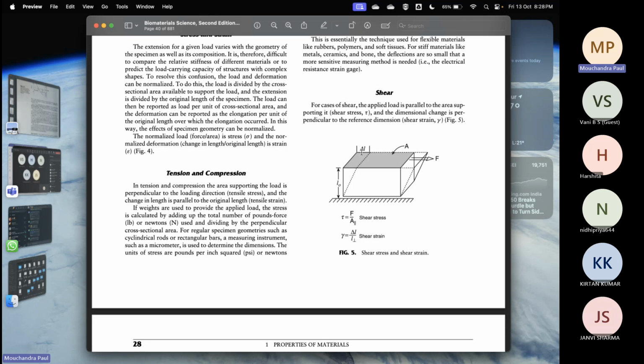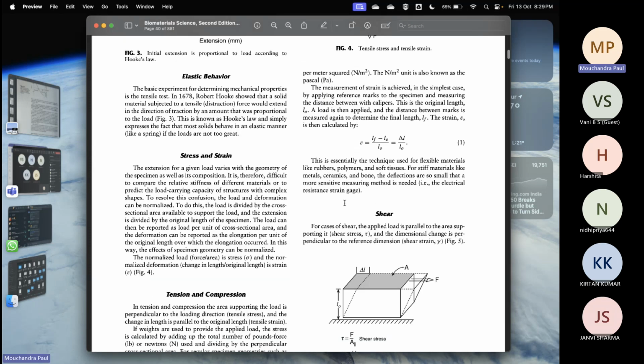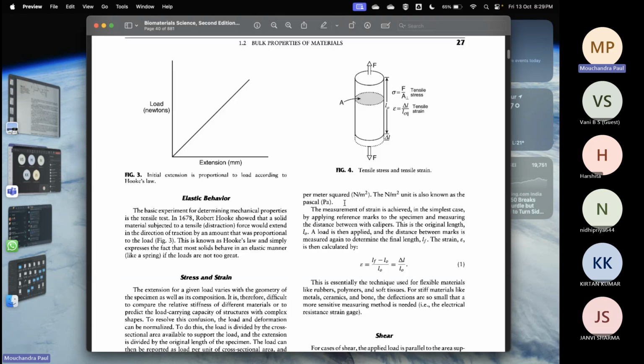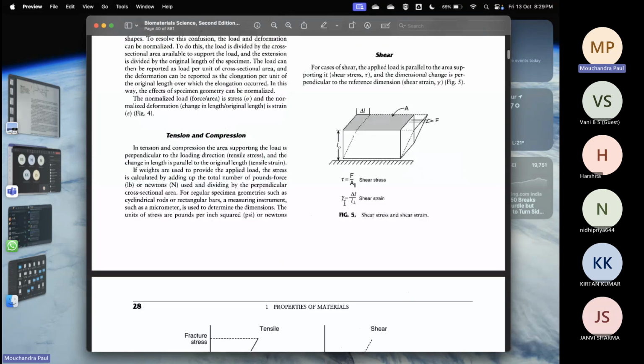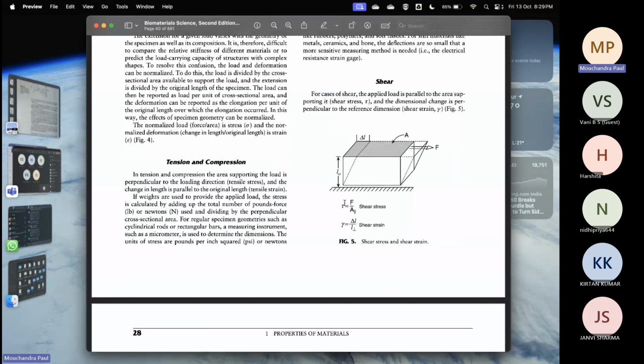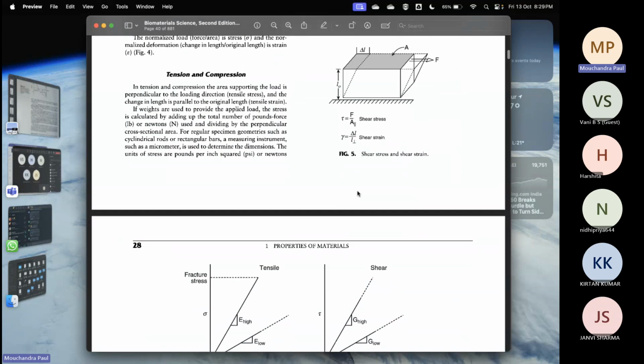Whereas for the shear strain, we are using the change in length that has happened due to the shear force divided by the perpendicular length. So this is L naught. This length we will take as the original length. Okay. So just briefly, I wanted to help you guys understand the concept of tensile and compressive forces and then shear, all right? The shear force. So this is it.